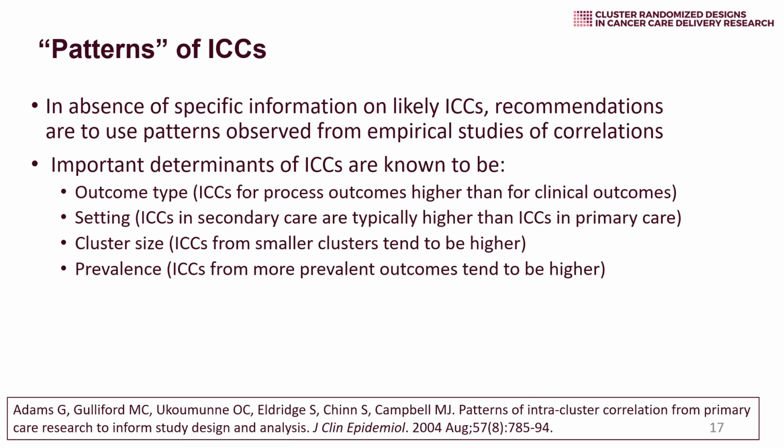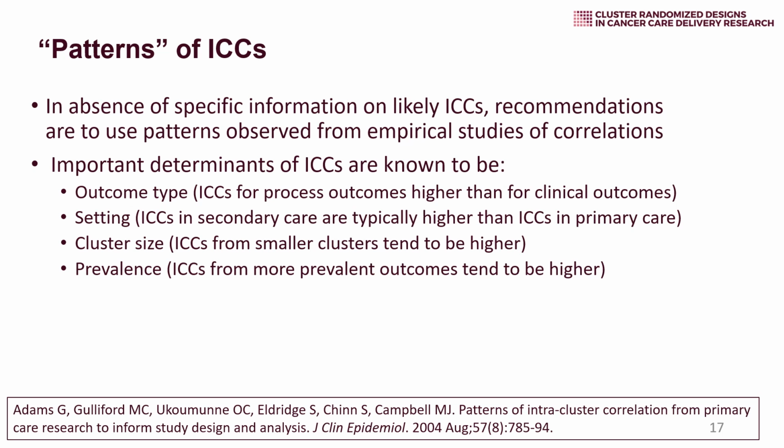Sometimes it's very difficult to find specific information on likely ICCs. So the recommendation in these situations is that we use patterns observed from empirical studies. Important determinants of ICCs are known to be the outcome type. ICCs for process outcomes tend to be larger than for clinical outcomes.